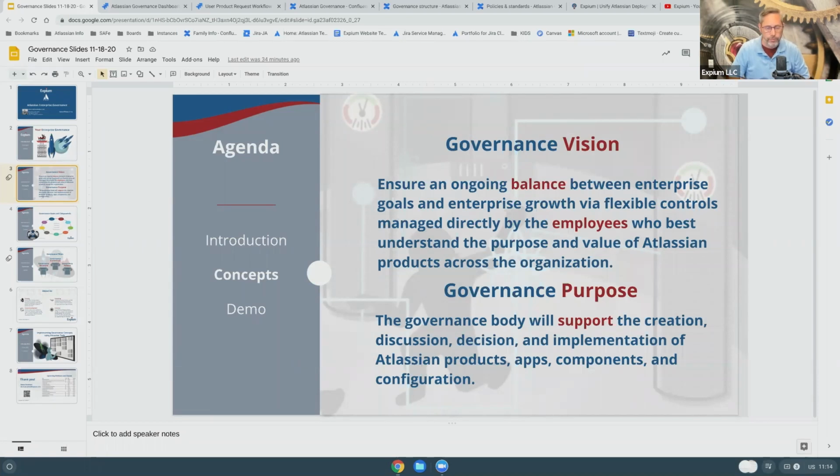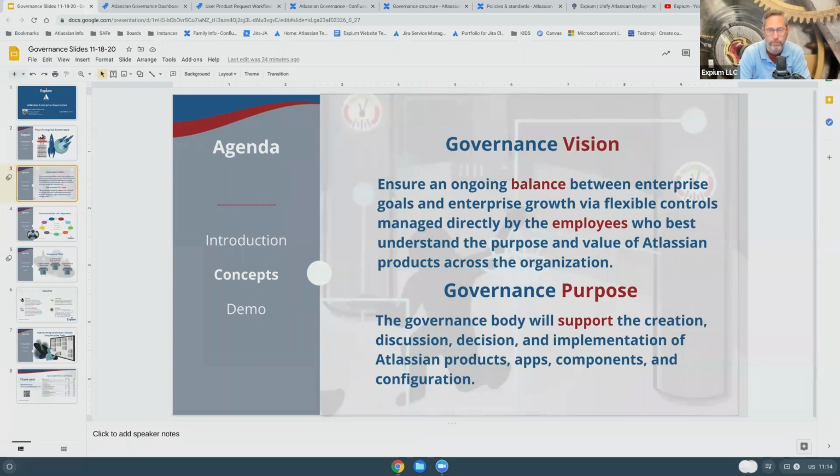First of all, the governance vision is this phrase or this sentence that I've put out here: ensuring an ongoing balance between enterprise goals and enterprise growth via flexible controls managed directly by the employees who best understand the purpose and value of Atlassian products across your organization. A lot of the words in this sentence have been chosen very specifically.